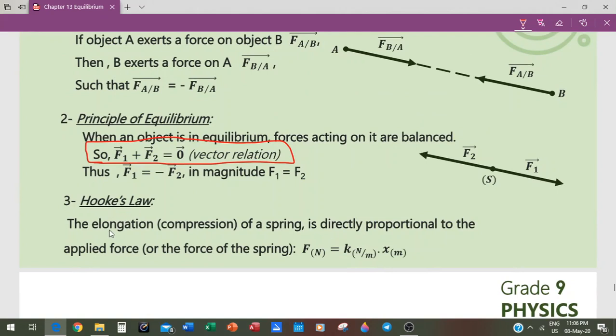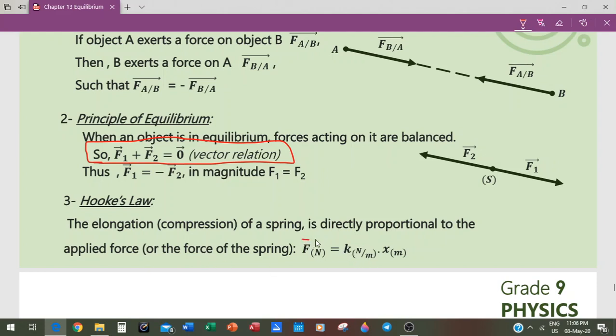In Hooke's law, the elongation or compression of a spring is directly proportional to the applied force. We said the applied force can be called the weight of the mass, or the tension of the spring, because we have equilibrium, meaning the weight and tension are equal.